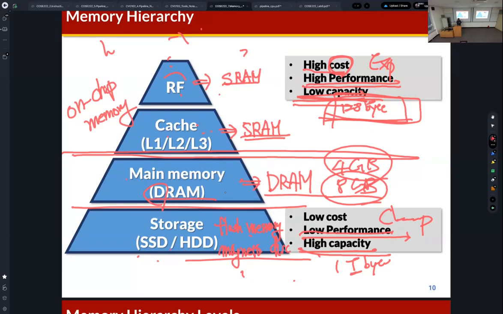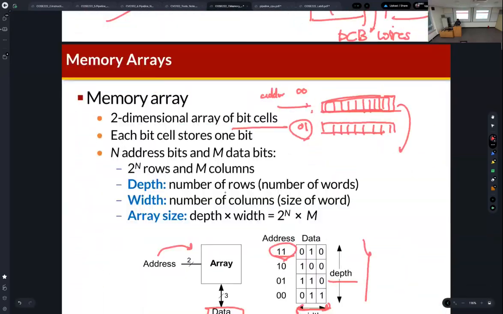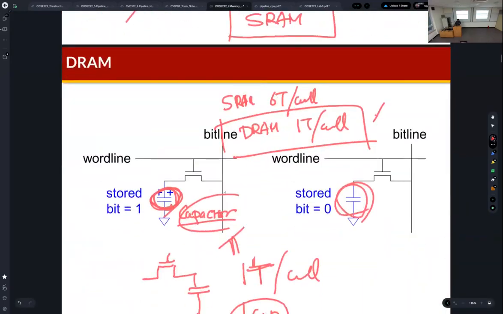Okay, so I hope you can understand the characteristics of different memory technologies, and this different type of memory devices are used for different levels of memory hierarchy. Then we can understand why cache is required.